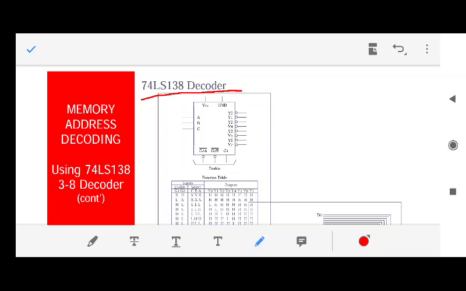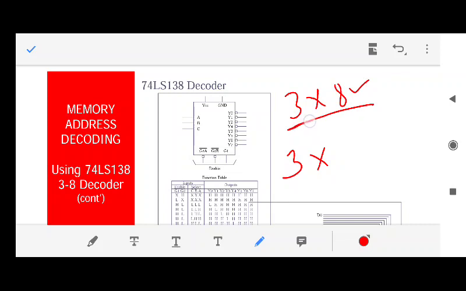This decoder will be used when you have more than one external memory chip. Fine. When you have more than one external memory IC, in that case you will use this type of decoder. This is a standard decoder, a 3x8 decoder. What is 3x8? 3x8 means it has 3 input lines and 8 output lines. How are 8 output lines made?